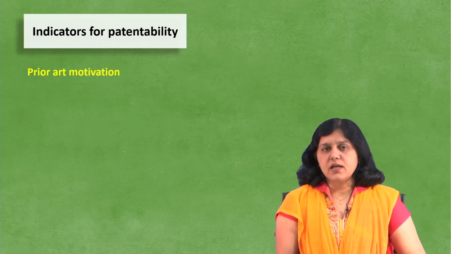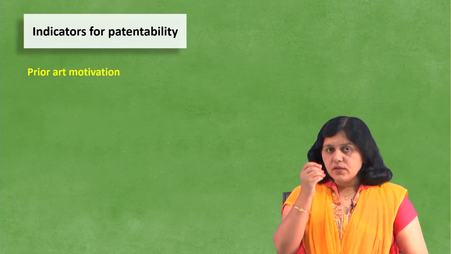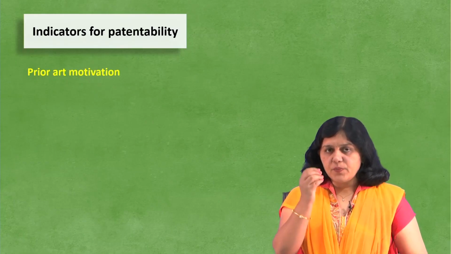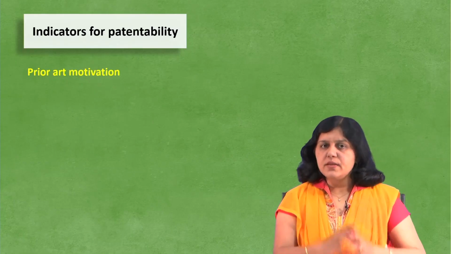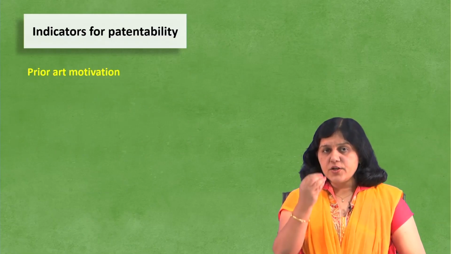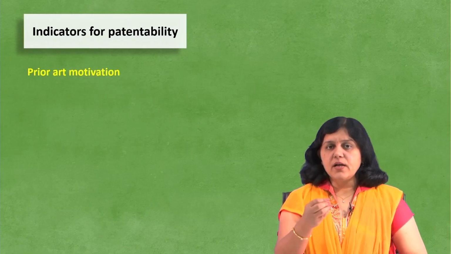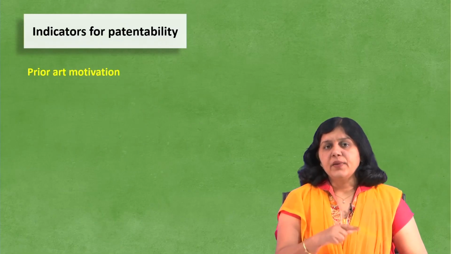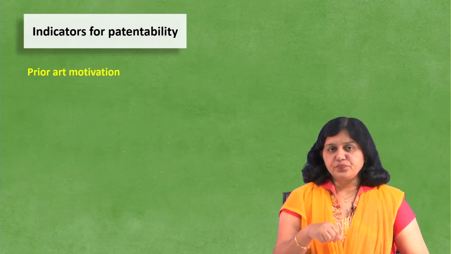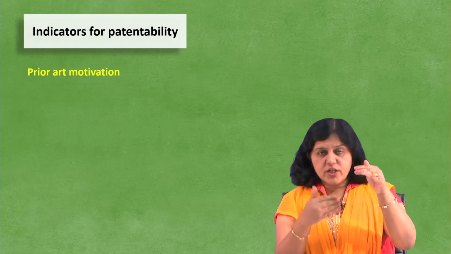Every researcher, I will suggest, if he is working on some problem, if a broad problem is defined, should go through the prior art. We have given you the idea of how you can apply the patentability tool. There you can check the different resources for prior art.